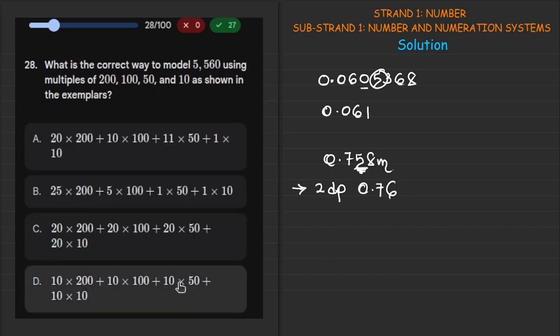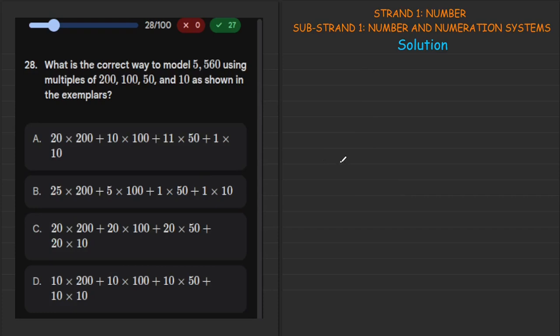Question number 28. For this particular example, it says, what is the correct way to model 5,560 using multiples of 200, 100, 50, and then 10? Since it has been modeled already, all you need to do is to evaluate and see if you are going to get 5,560.